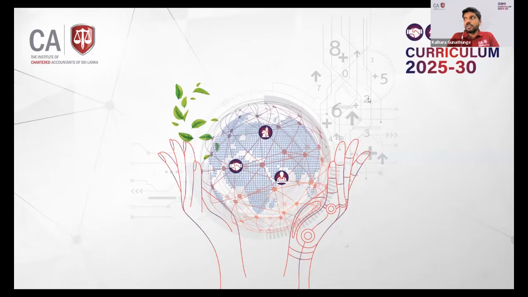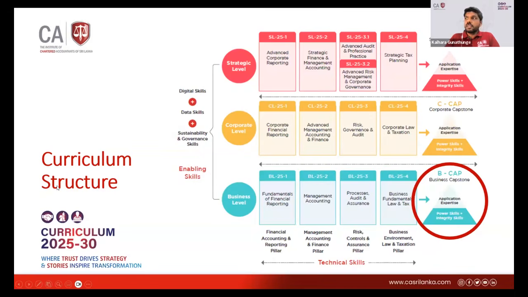Under our new curriculum structure, I will give you a brief introduction. Before we start our session, as you all know, this is the curriculum structure, and I think now you are all very familiar with this. At the very first level, business level, we have 4 core modules plus the business capstone subject.